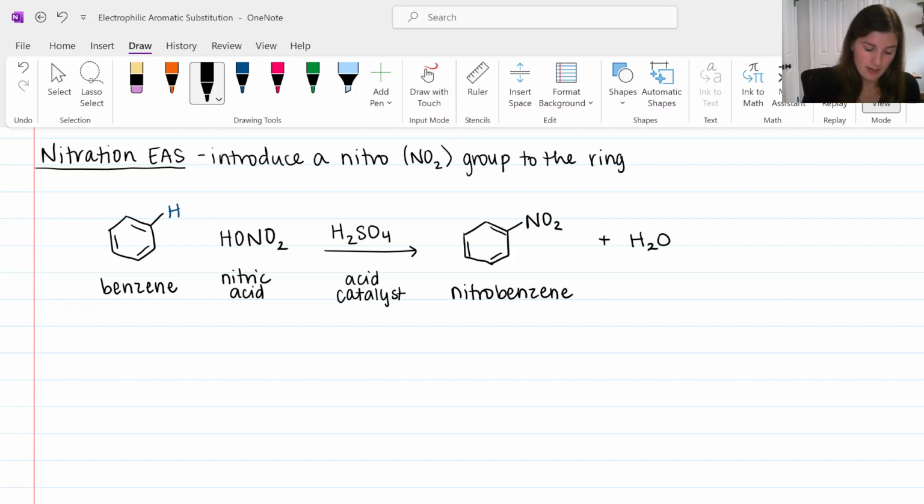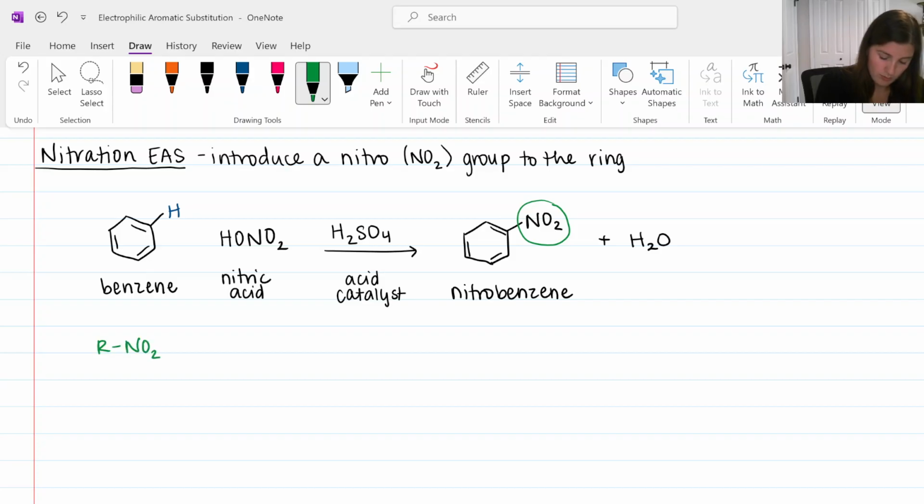So a couple things. I want to talk about this nitro group, NO2, and what that structure really looks like. If we have an R group bonded to an NO2 group, what this really is, is a resonance stabilized group that has a charged nitrogen and a charged oxygen. The R group is bonded to nitrogen.